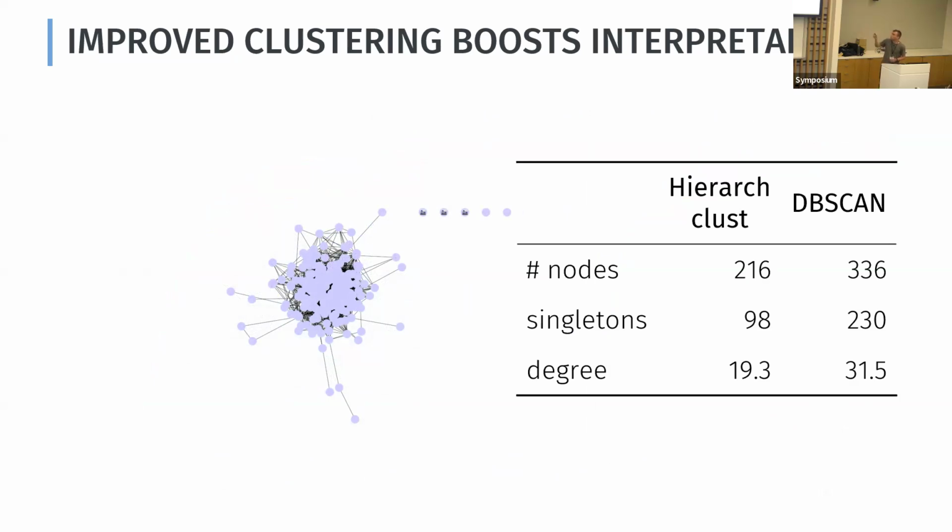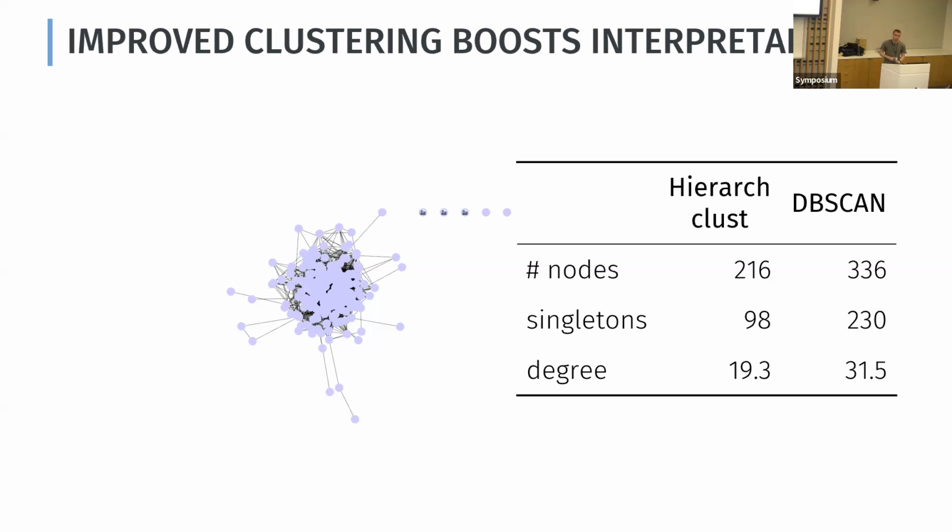If we use DBSCAN or single linkage clustering, which is the current approach, we would get a network consisting of 336 nodes, 230 singletons, and the degree, which is the average number of edges that each node has, of 31.